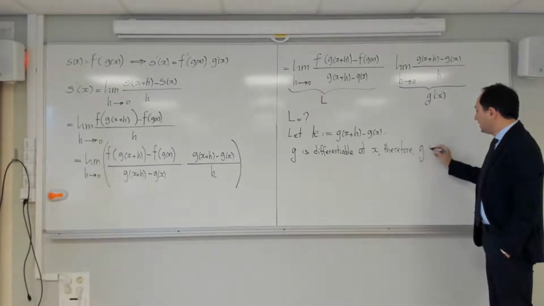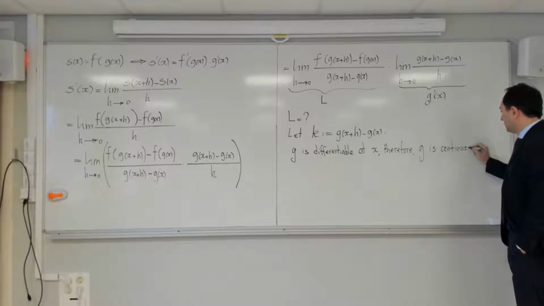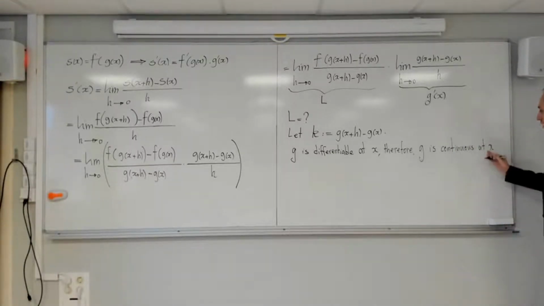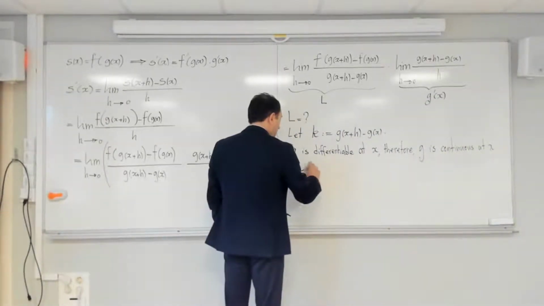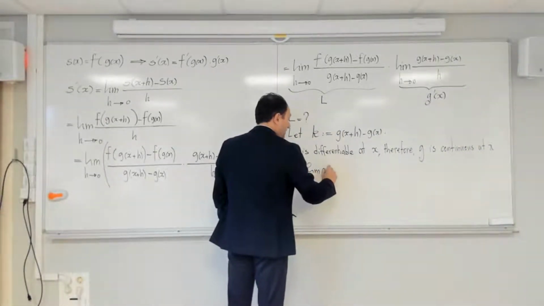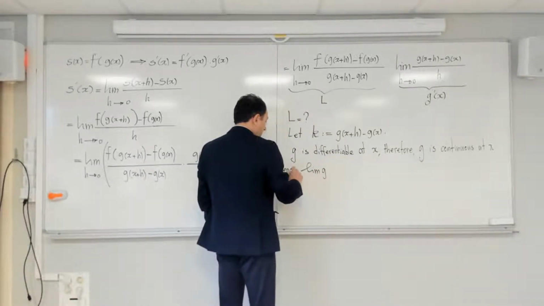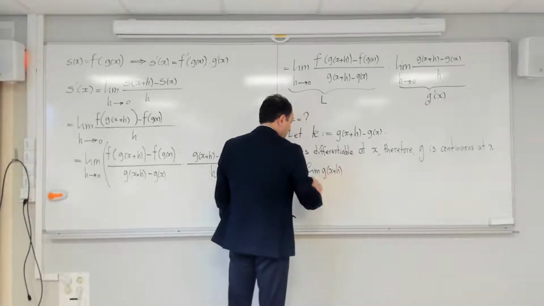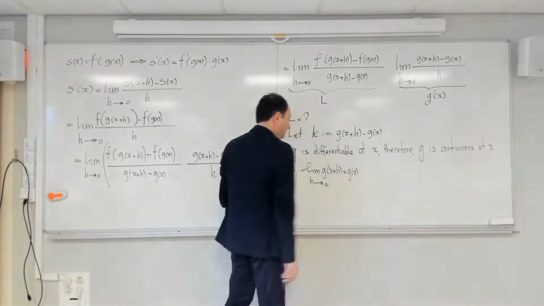Therefore, g is continuous at x. When g becomes continuous, this means that, hence, the limit of g of x plus h when h goes to 0 becomes exactly equal to g of x.